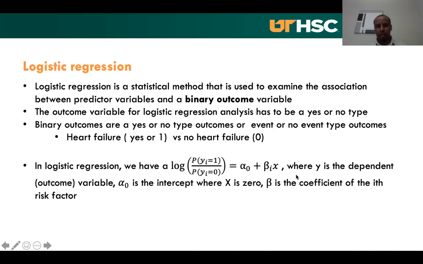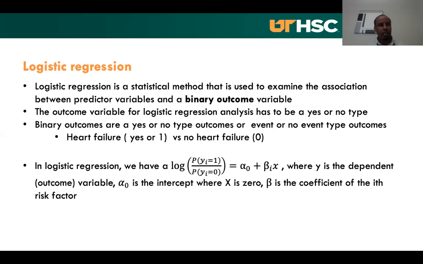In this formula, y is the dependent or outcome variable. The alpha naught is the intercept, which we get when the value of the predictor variable is 0 or the reference category, for example if we have multiple predictor variables.